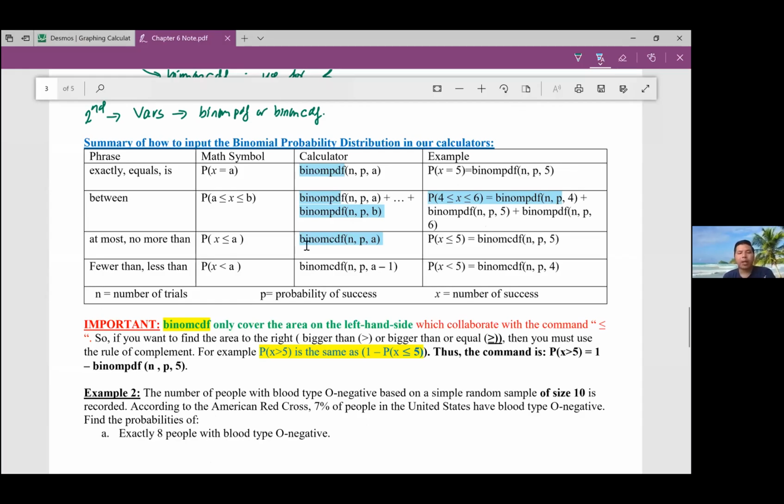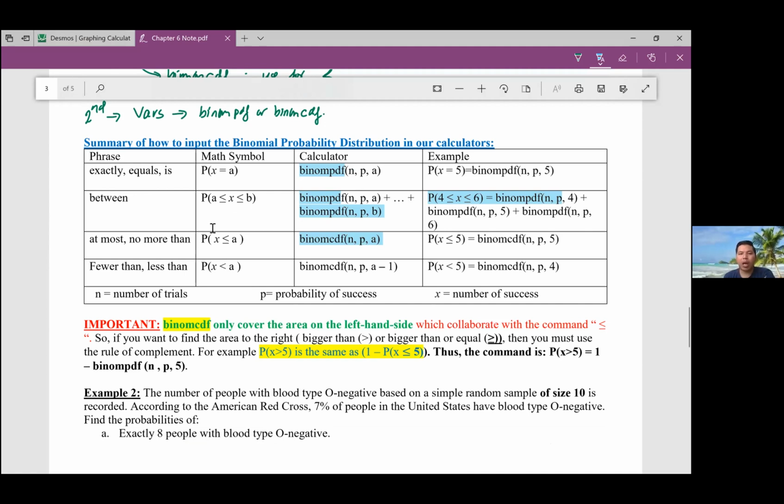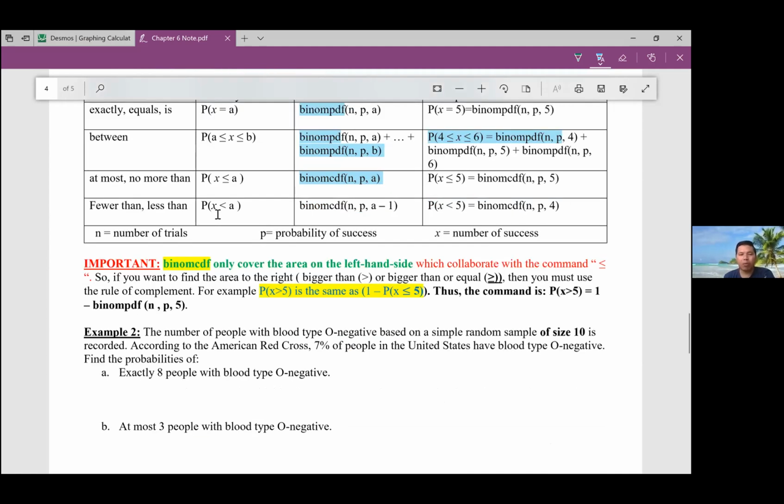Now what happens if we look at a restriction without the equal sign? Remember that binomcdf only takes care of less than or equal. So what happens if we have less than A? If you have less than A, the command is still binomcdf, but now we don't use A, we use A minus 1.